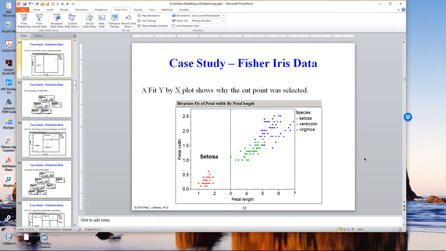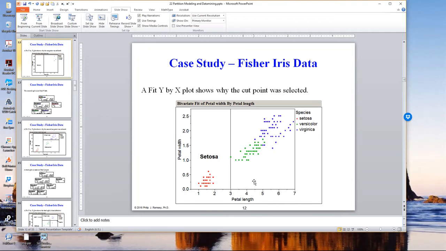This is a diagram of the data. And notice that JMP picked 3 as the cut point for petal length, and you'll see it does, as we showed, separate setosa from the other two, versicolor and virginica.